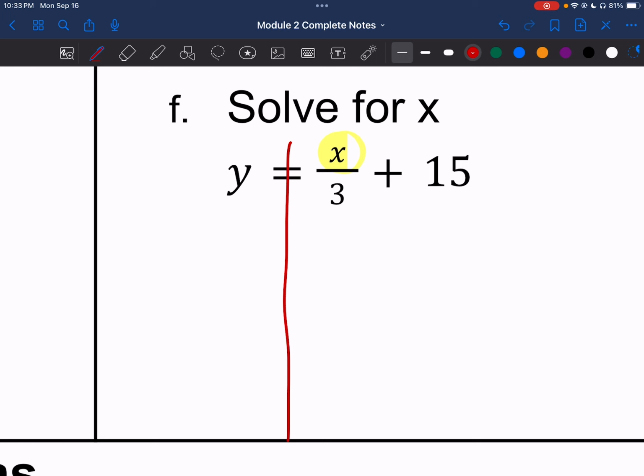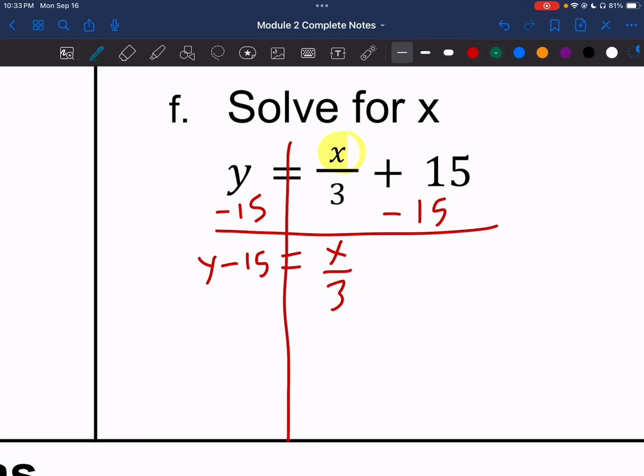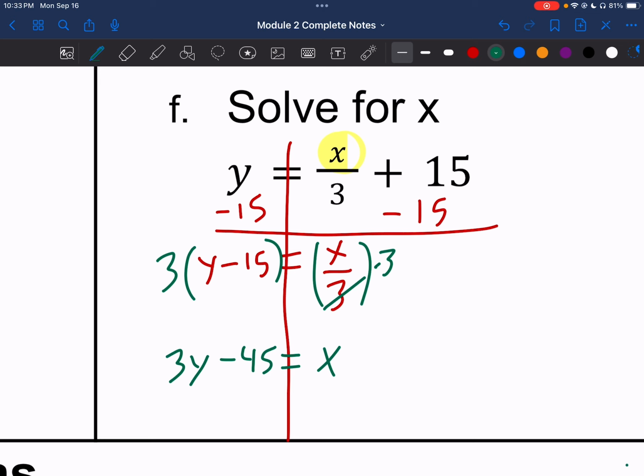So we're going to subtract 15 from both sides, and we've got y minus 15 is equal to x over 3. Multiply both sides by 3, and we need to make sure we distribute that. So we get 3y minus 45 is equal to x. Our 3's canceled out there, right?